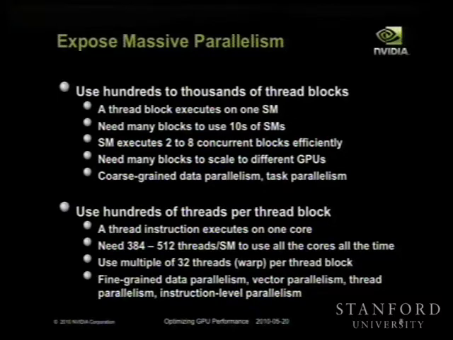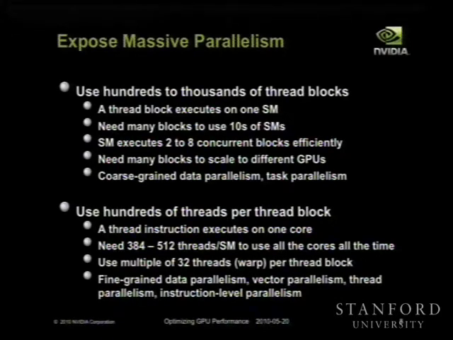So think about how many blocks you need. You have some kind of problem and you need to decompose it into some number of blocks, some number of threads per block. Think about which threads need to cooperate, if they're going to work on a tile of data or a block of data and cooperate on it.